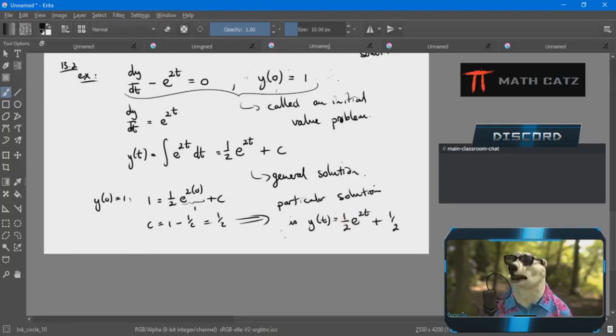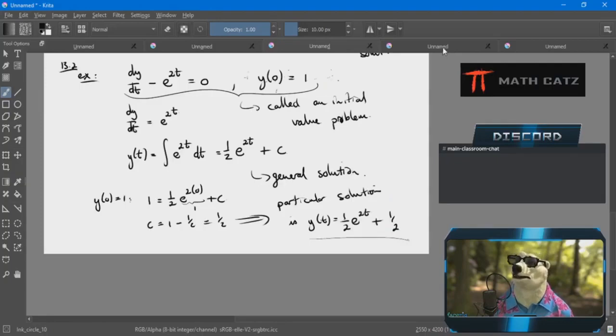Now I know specifically which one. This is a solution to the initial value problem, which has the differential equation giving me my general solution and some extra information, which is just a point. Can be at 0, can be anywhere else, doesn't matter, allowing me to find the particular solution.